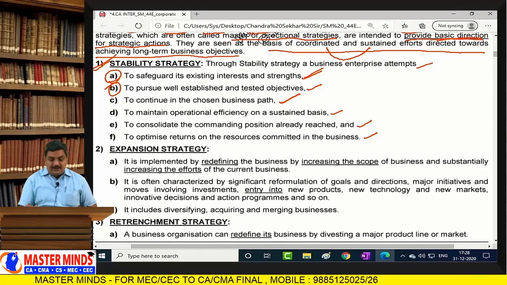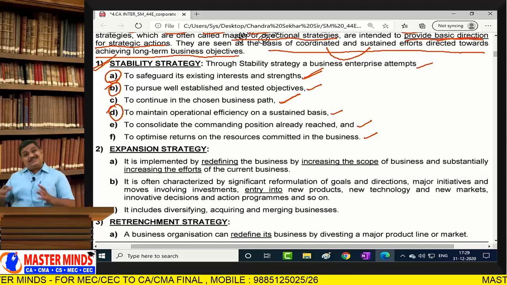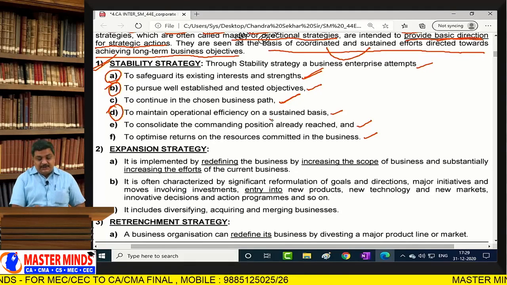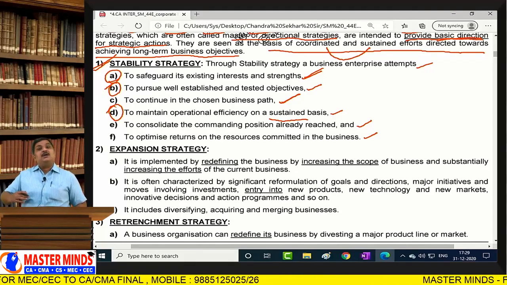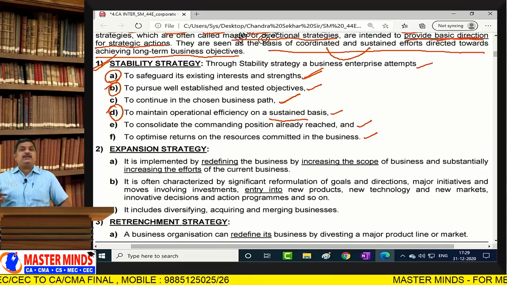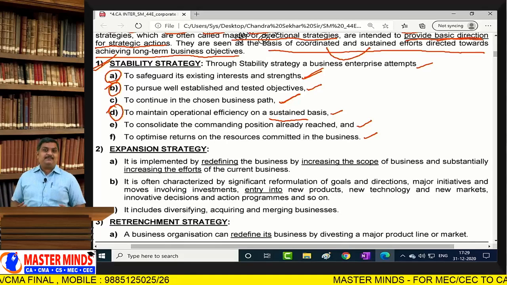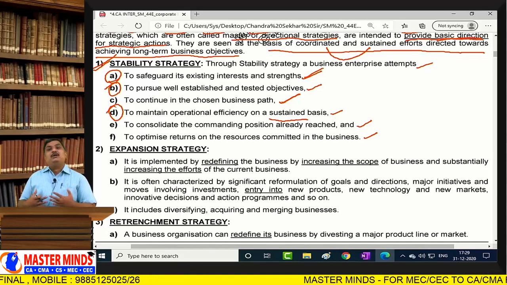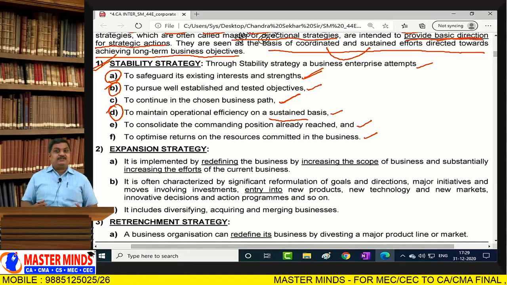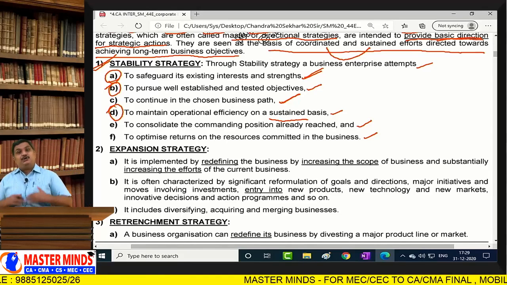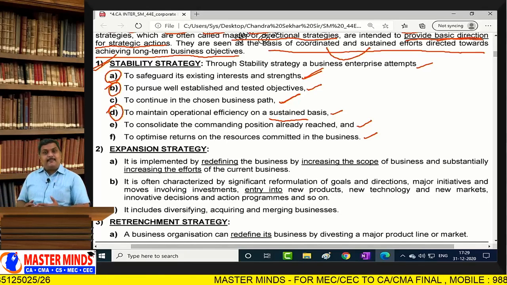And to maintain operational efficiency on a sustained basis. Sustained basis means continuous basis. That means all the time continuously you need to focus on improving your operational efficiency. Means the way you do your processes in the organization, the way you do your marketing, your HR, your production.